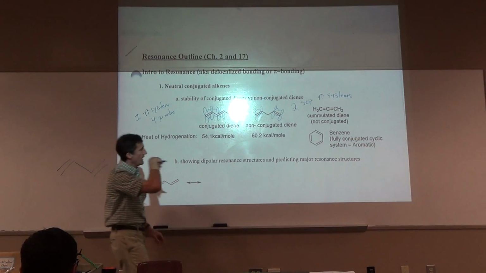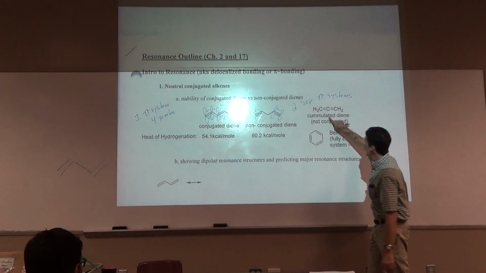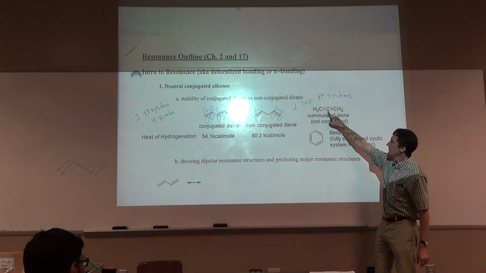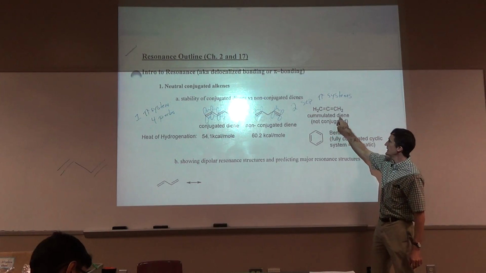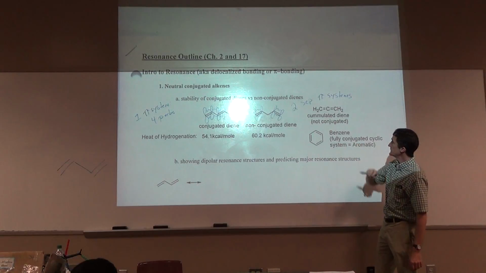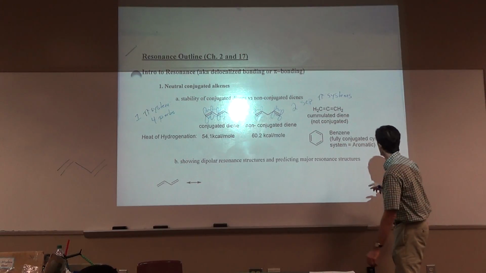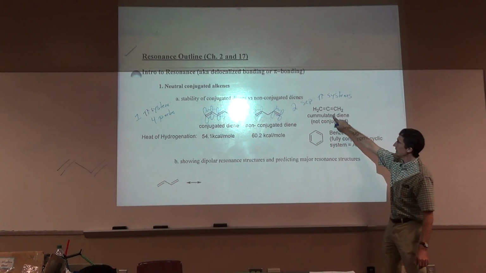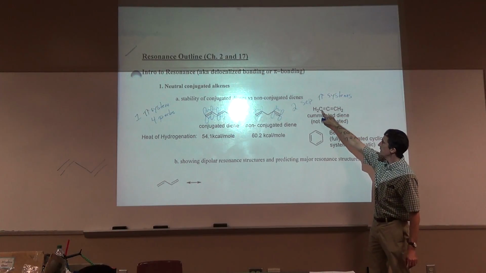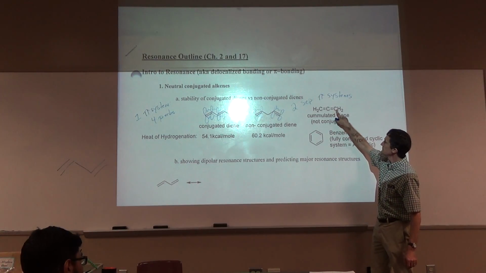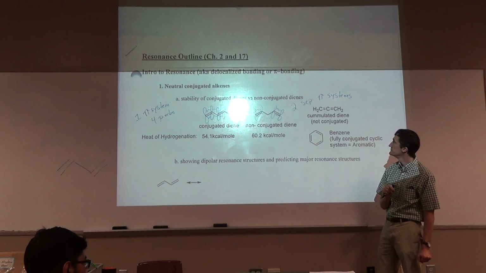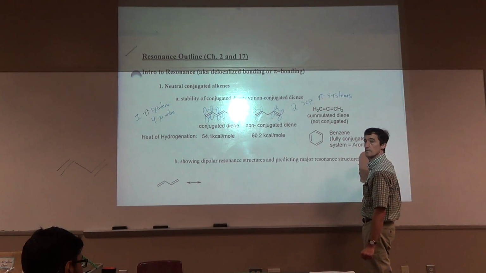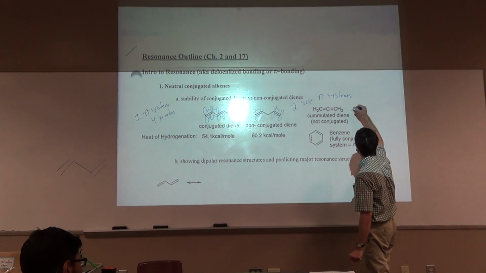Okay, what about this? This is called an accumulated diene. The carbon is double bonded on both sides. It's kind of odd, accumulated. But it's also not conjugated, okay? Because, first off, what's the hybridization of the middle carbon? sp.